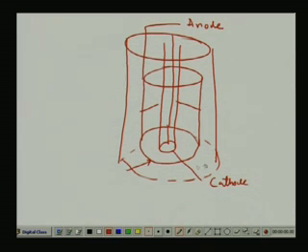There are various dimensions. Typically, in IIT Kharagpur we made it like this, and we put a Teflon here. Nowadays Teflon is very extensively used, with 100 micron thickness.